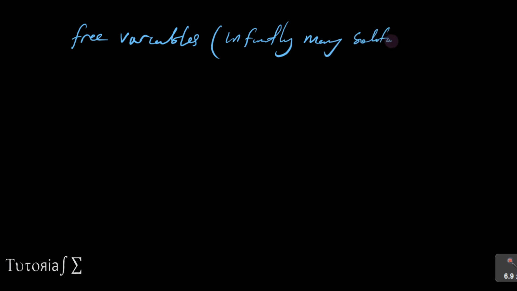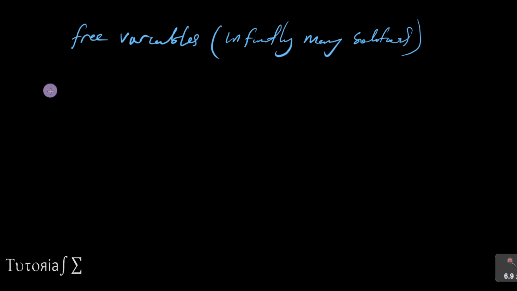So you need to know what a free variable is. A free variable is basically a variable that we assign a value to, and this value can take any number, from 0 to any number that we want, to infinity basically, because there are infinitely many.